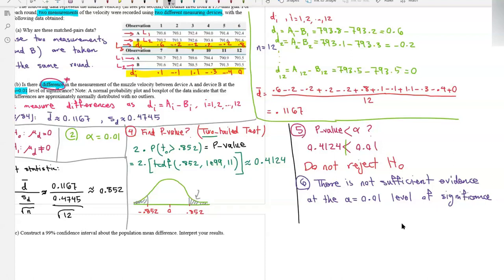So you can just skip that part and then write to conclude, so there is no difference in measurements of velocity between device A and device B.